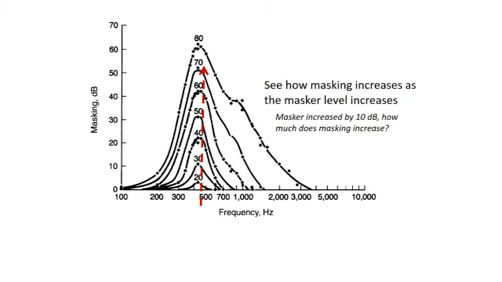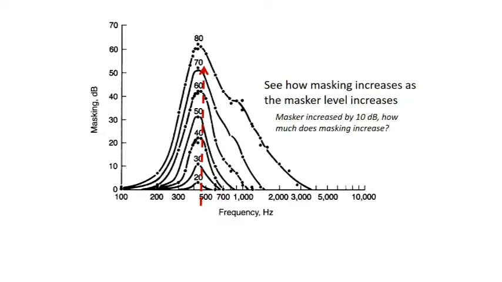At 40 dB SPL, the masking is 24 dB, and so on. As we change the masker levels this way, 20, 30, 40, 50, 60 dB SPL, we see the increase of masking in dB, like 4 dB, 14 dB, 24 dB, 34 dB, and so on. That's called growth of masking.